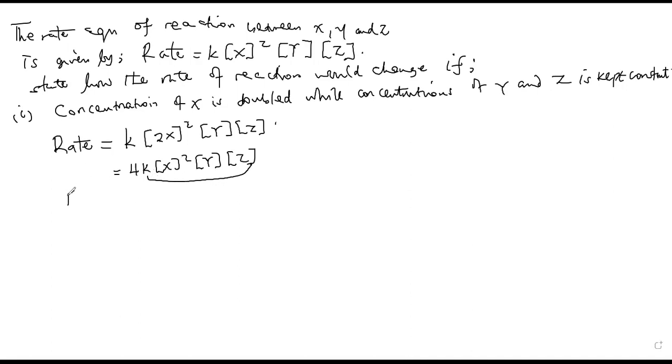So the rate of reaction quadruples, or is 4 times the initial rate. So you can say the new rate is 4 times the initial rate. Or you can say that the rate of reaction quadruples.